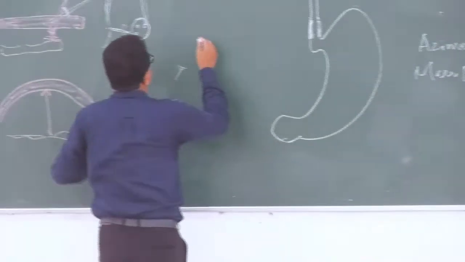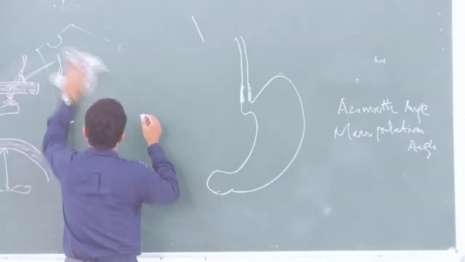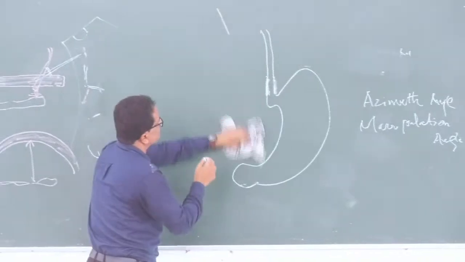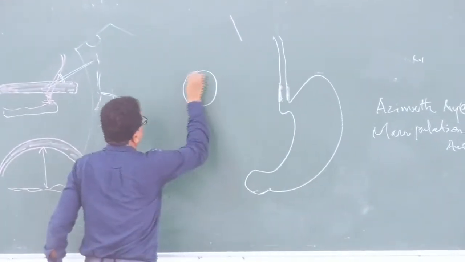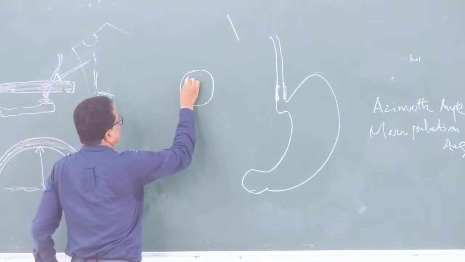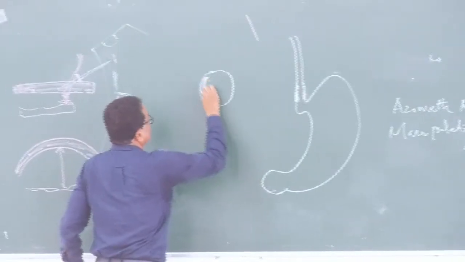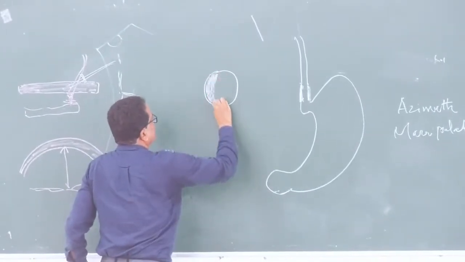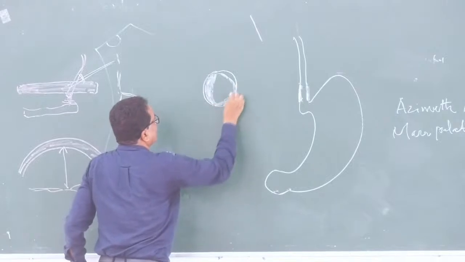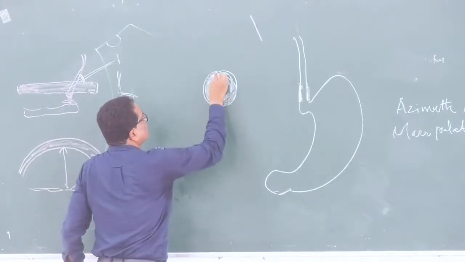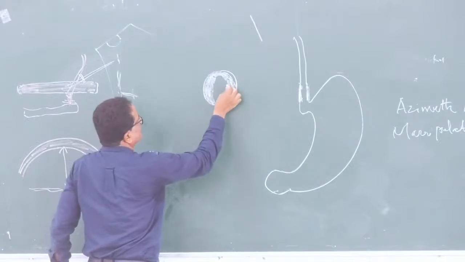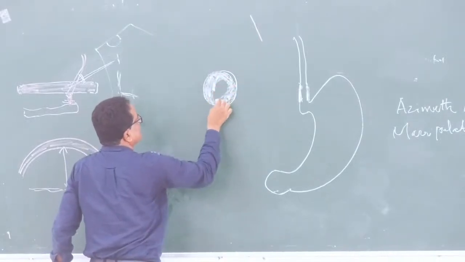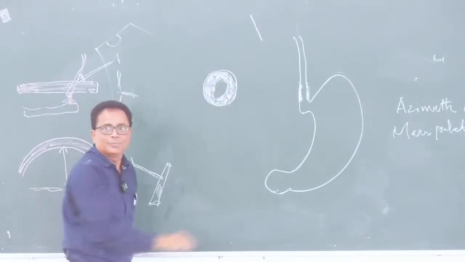Okay, I am not expecting that. Here, you know, the esophagus. Suppose I take the cross section. Here the circular muscle fibers, when they become hypertrophied, they actually close the lumen of the esophagus. Suppose the lumen was this much, now with the hypertrophy the lumen is gradually narrowing down.